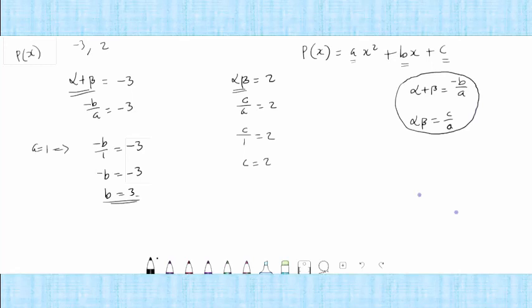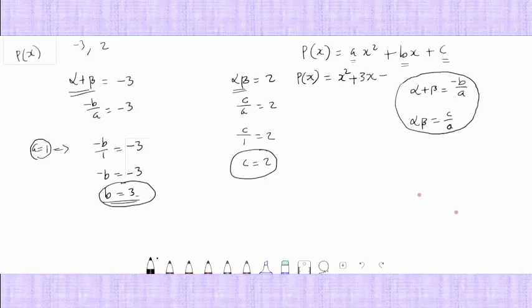So if you choose a as 1, then to get the sum of the zeros minus 3 and the product of the zeros 2, the values of b and c are 3 and 2. So our polynomial will be p of x is equal to, substituting the values of a, b, and c, a we have chosen as 1, so 1x square, that is x square, then plus bx, b is 3x, then plus c, what is c?